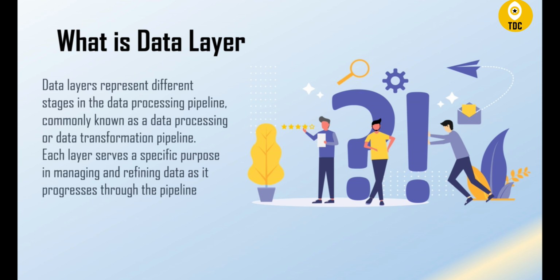To explain that journey, we use data layers. Each layer serves a specific purpose. It is not like we are using layers just to segregate the data; there are specific use cases for each data layer. And also the data refinement: in each layer the data goes on being refined for a particular use case and particular need. That is where the different data layer names come in. So that is what we call a data layer.